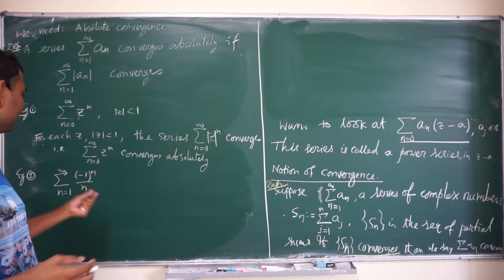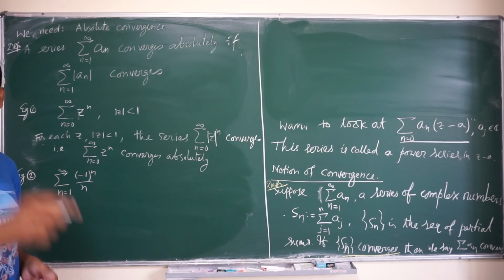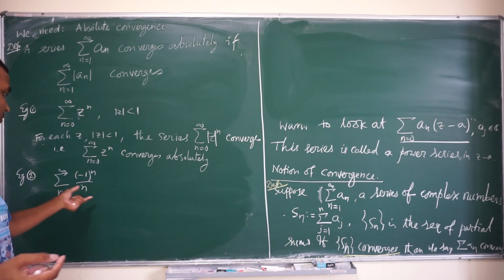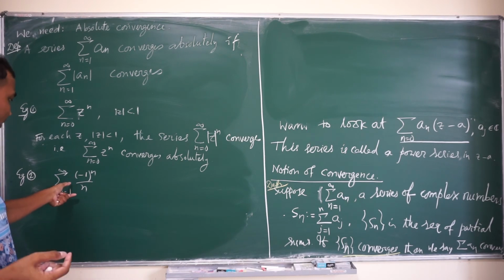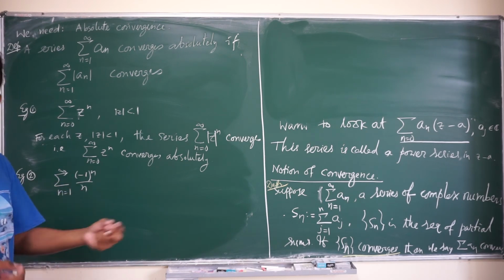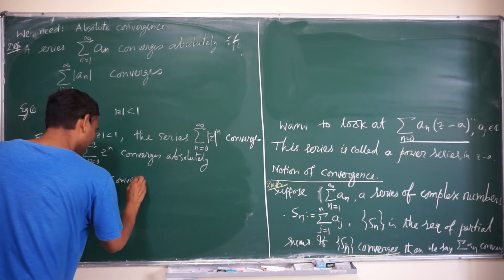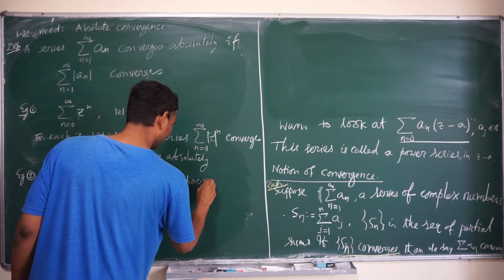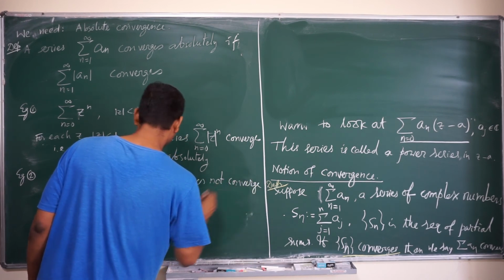For every real number, there is a rearrangement of this series which converges to that real number. In fact, you can take infinity or minus infinity also, and there is a rearrangement which will converge to plus infinity or minus infinity. So this converges, but does not converge absolutely.